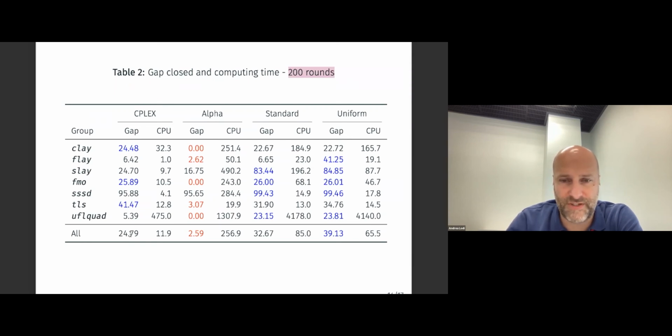So it's 24% of gap closed, still takes a relatively small amount of time, but our two approaches are quite competitive, so we can get to 39.